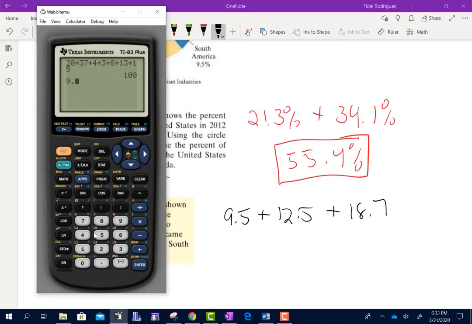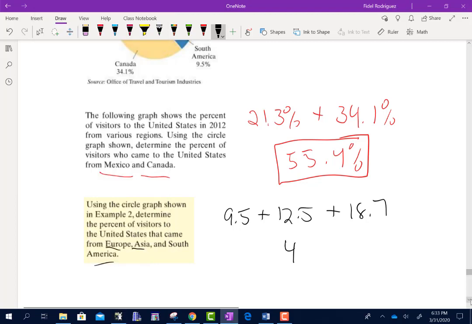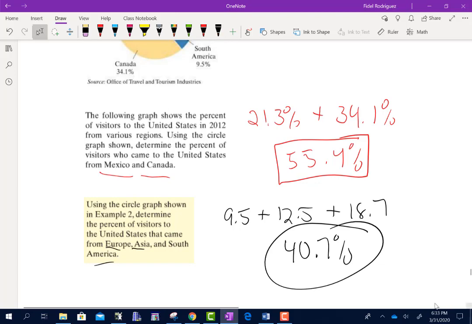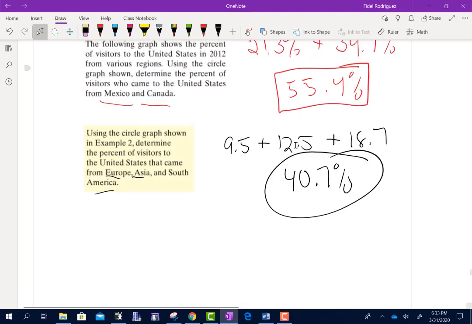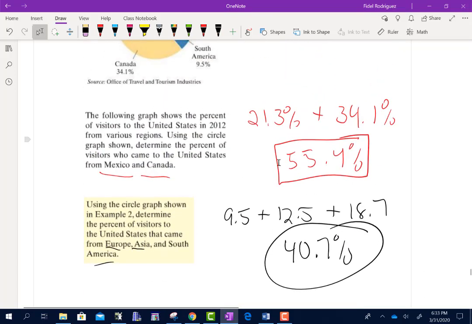So 9.5 plus 12.5 plus 18.7 is going to give me 40.7. So 40.7%. Okay. And let's see, that was 7.2. Okay.